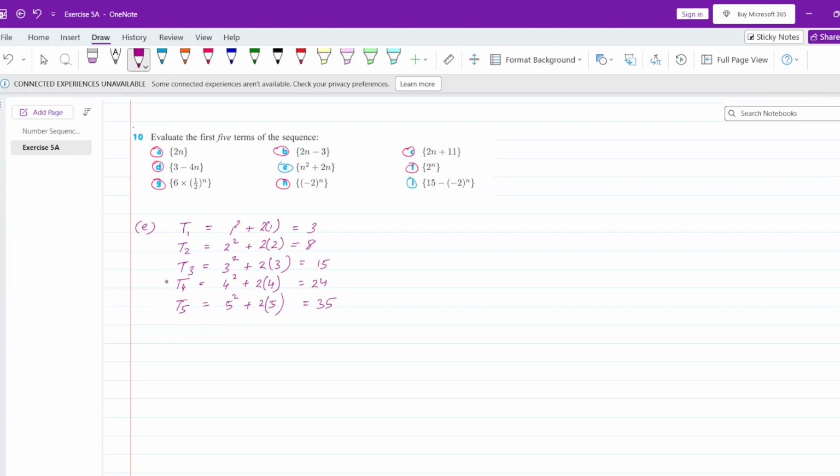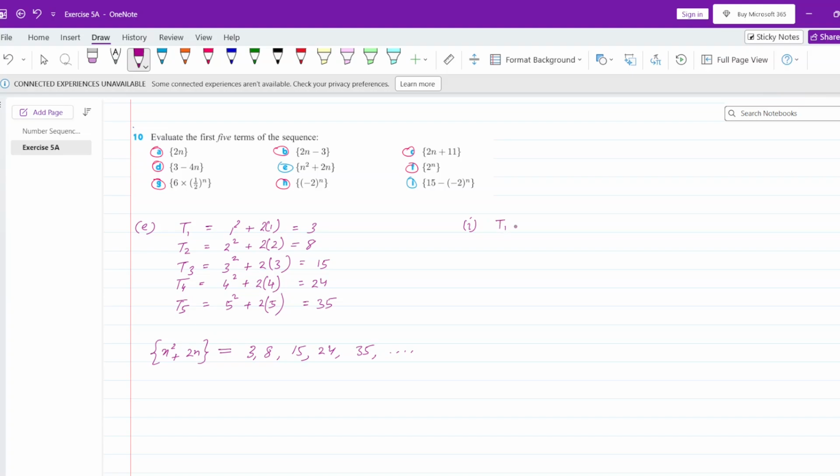So n square plus 2n in curly braces means it is a sequence of numbers 3, 8, 15, 24, 35, and so on.